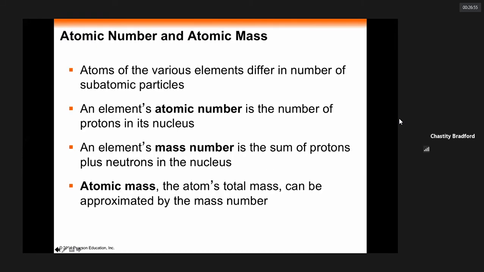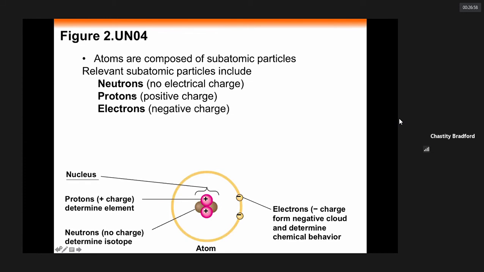Okay, so our protons have a positive charge. Electrons have a negative charge, and so they form this negative cloud around the atom. They determine the behavior, the chemical behavior. This is what I want to highlight.